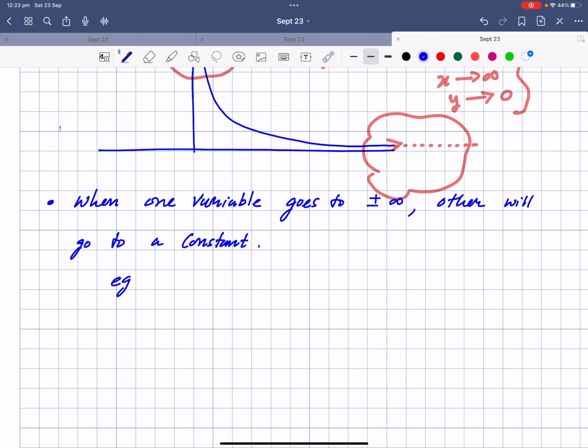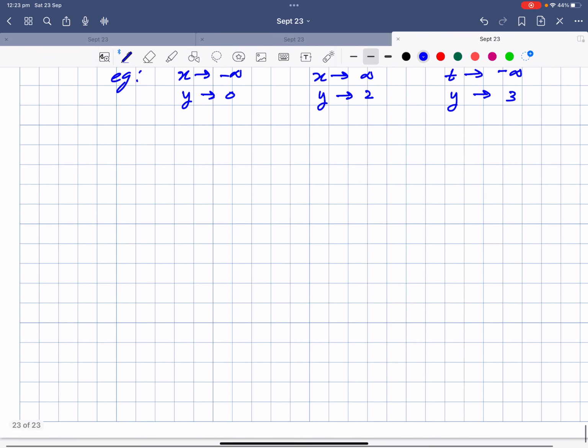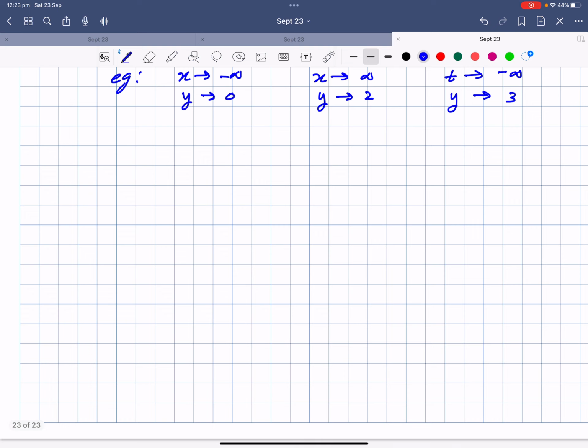Example, x goes to minus infinity, y goes to 0. 0 is a constant. x goes to infinity, y goes to 2. t goes to minus infinity, y goes to 3. Right? So those are examples. Now, I'll give another example here.